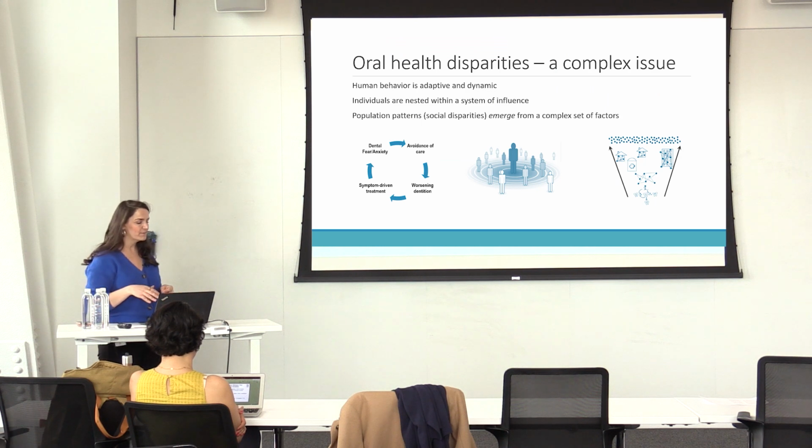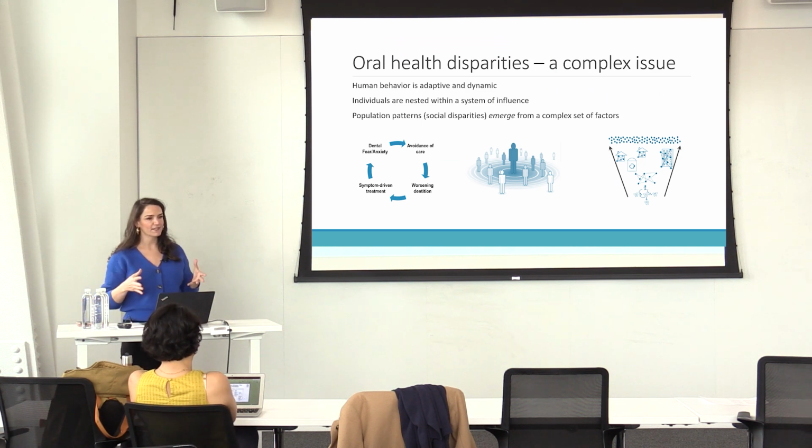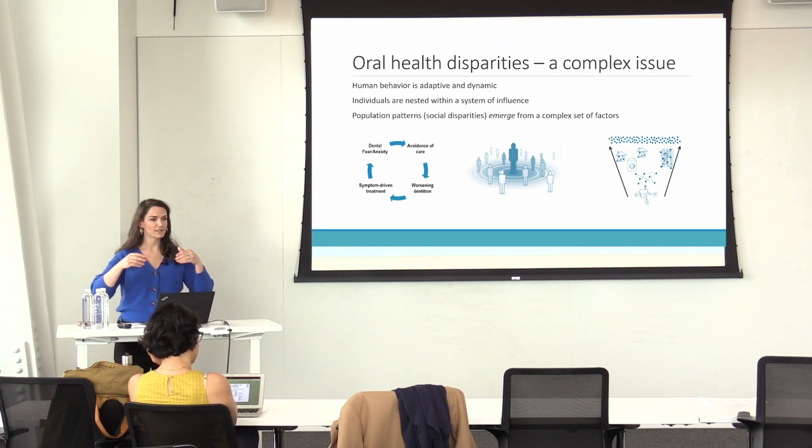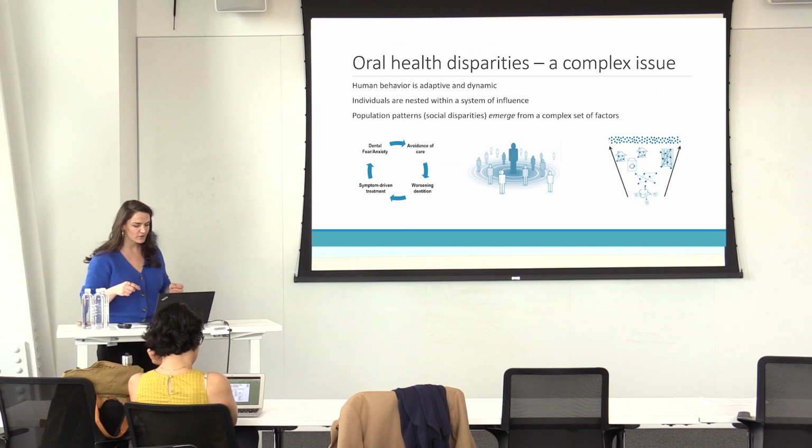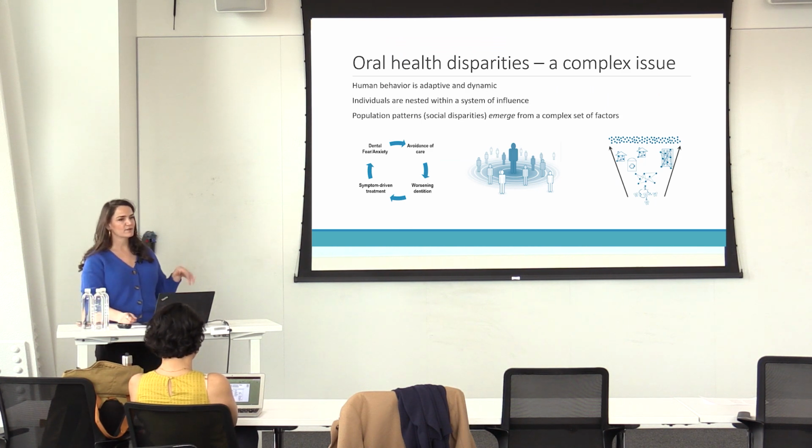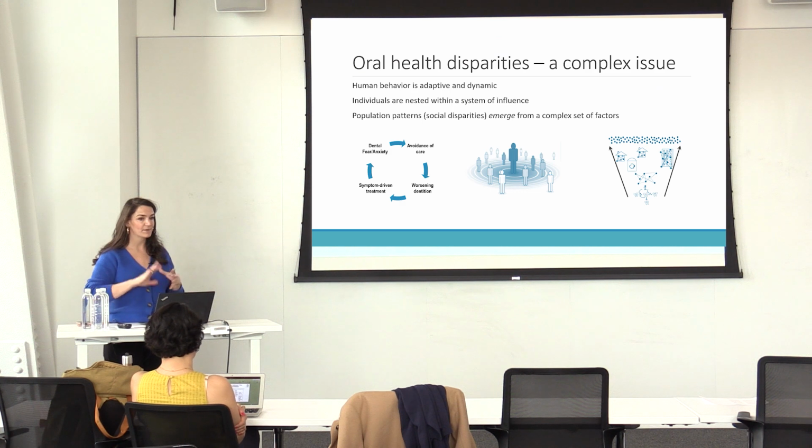But what we have to remember is that the emergent properties of a group of individuals, so these population patterns or social disparities, they're a result of complex interactions that are happening at multiple levels of the system.